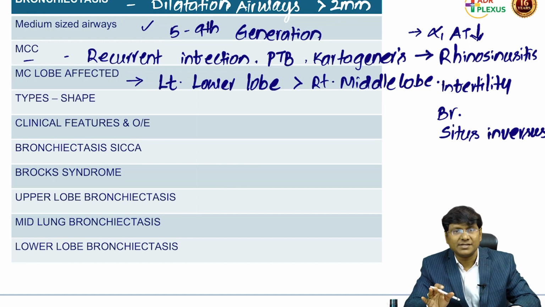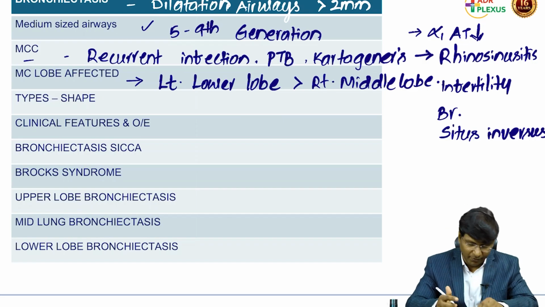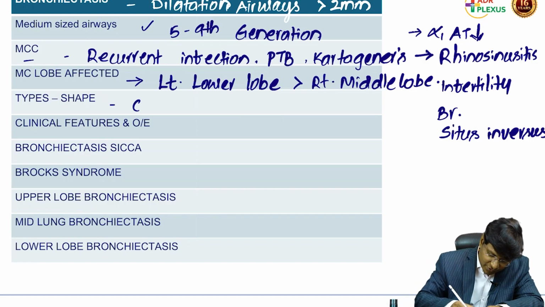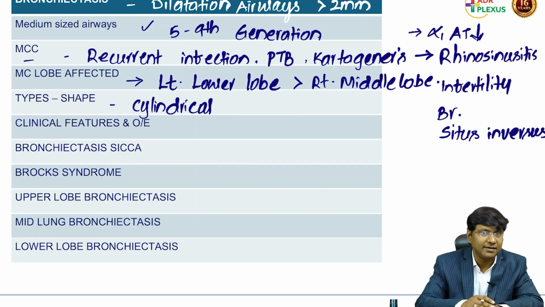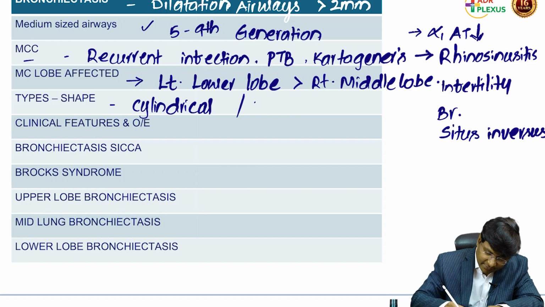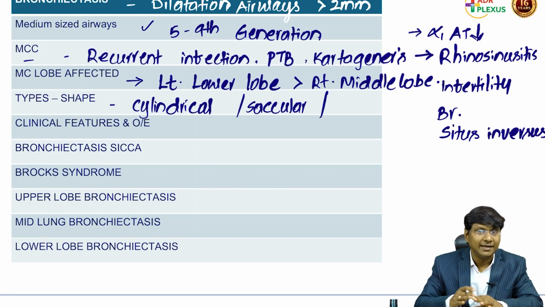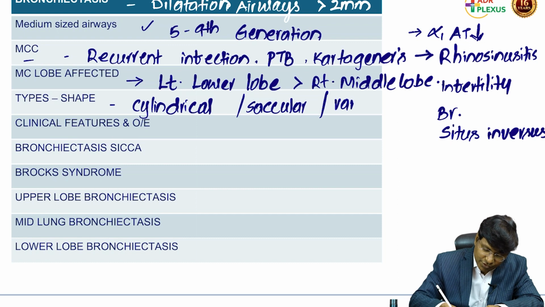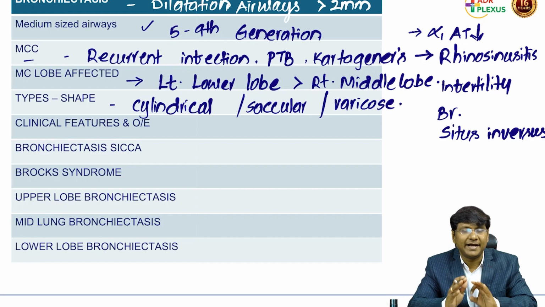Now, bronchiectasis is abnormal permanent dilatation of the airways. Depending upon the shape of the abnormally dilated bronchi, we have 3 important types: first, cylindrical bronchiectasis; second, saccular or cystic bronchiectasis; and third, varicose bronchiectasis.